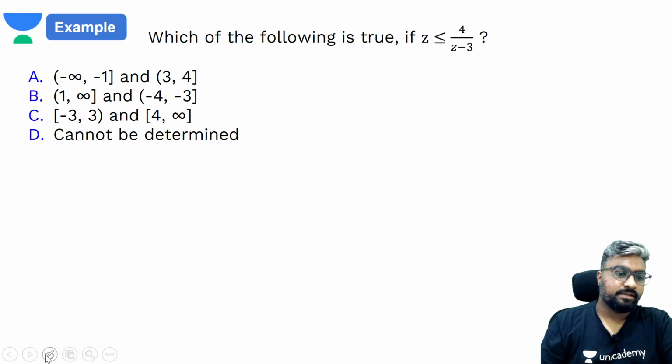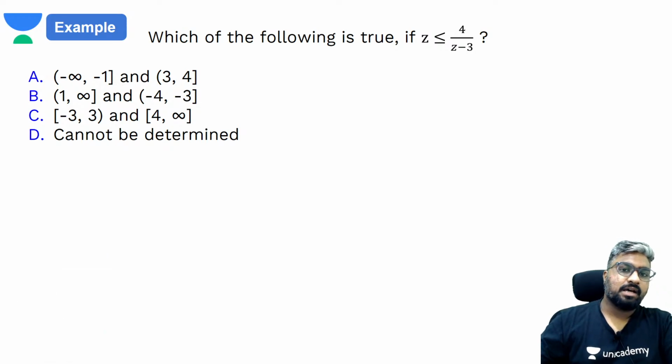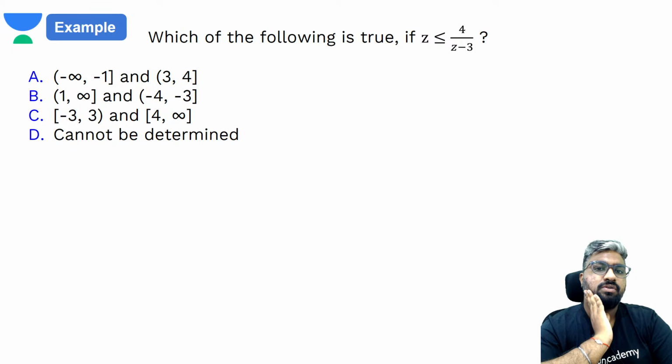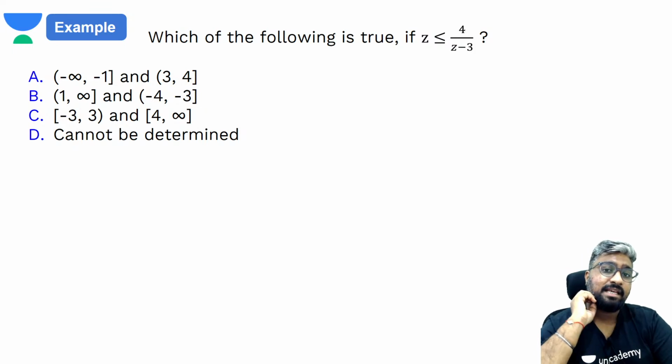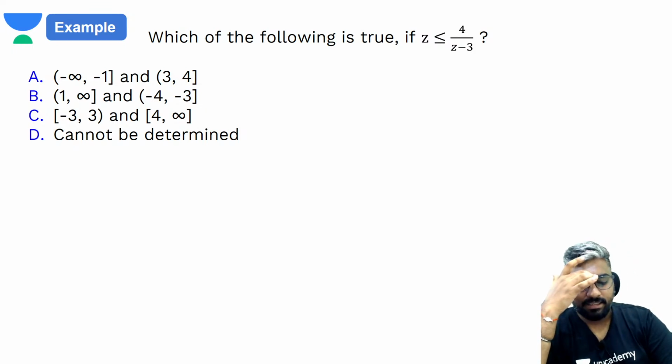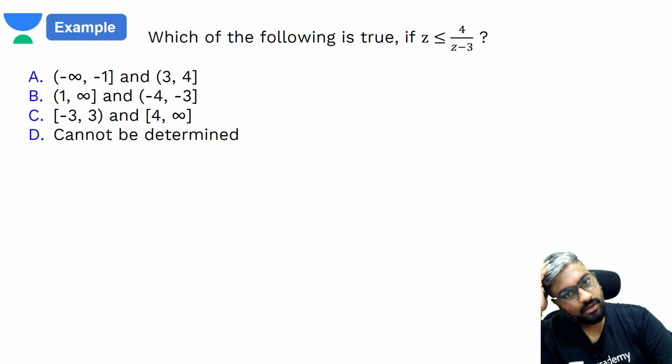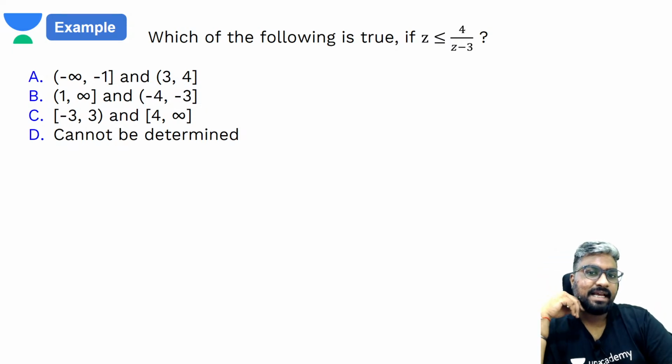Chalo, next question. Try this out. Which one of the following is true if z is less than equal to 4 by z minus 3? Z is less than equal to 4 by z minus 3.